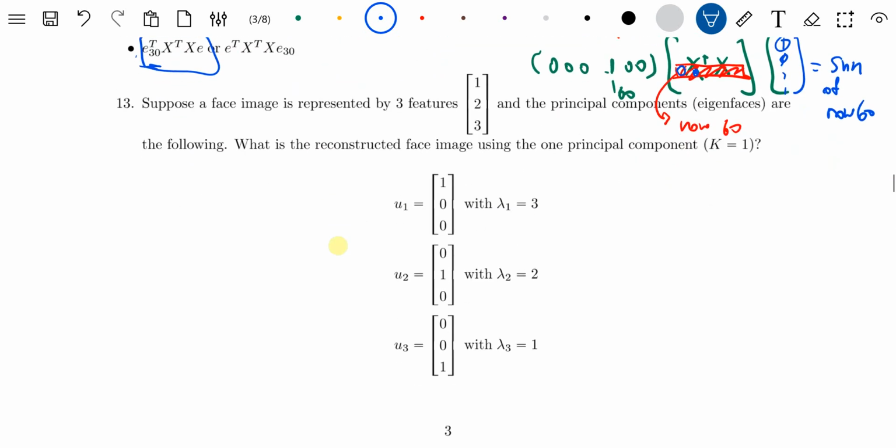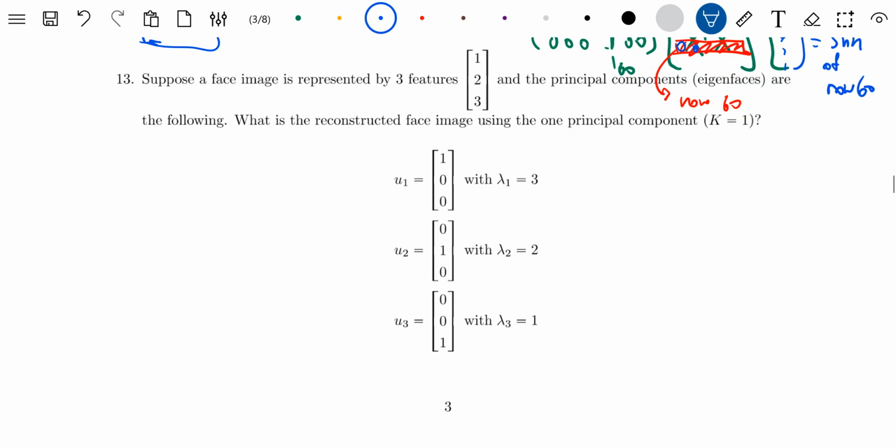Okay, so let's move on to the next set. We have face images with principal components, the eigenfaces, and we want to reconstruct the face with the first few principal components. So let's write down that expression.